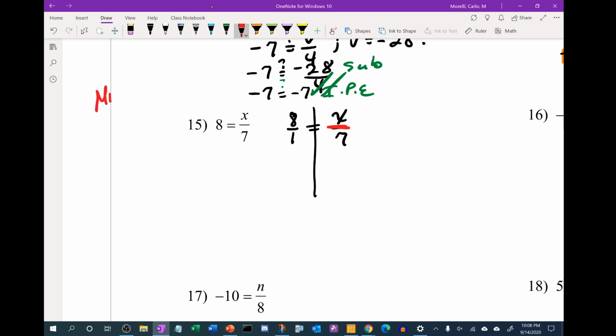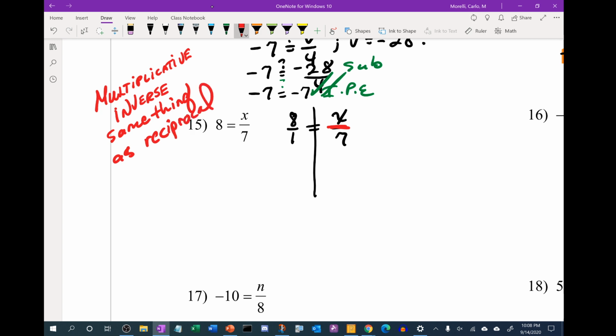So I said multiplicative inverse. Okay? That's the same thing as reciprocal. Okay, so as an example, I have 1 over 7.